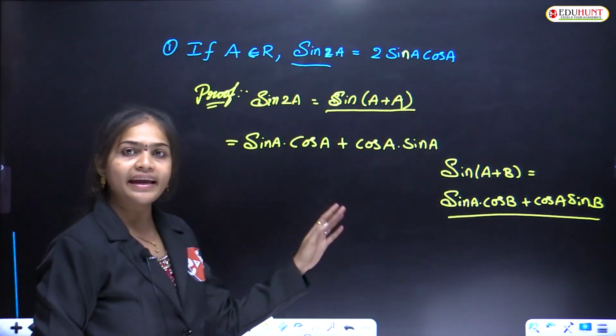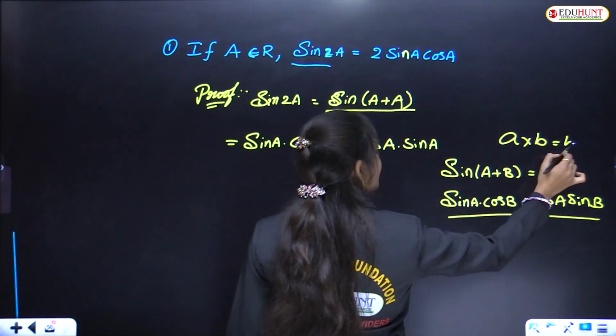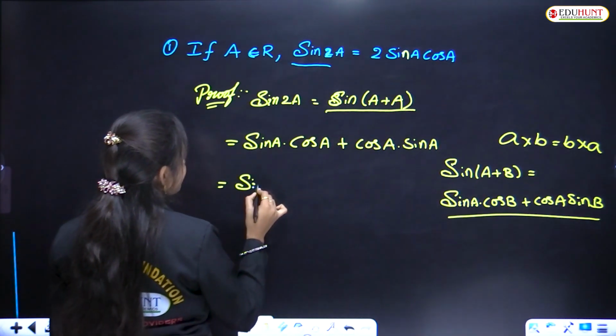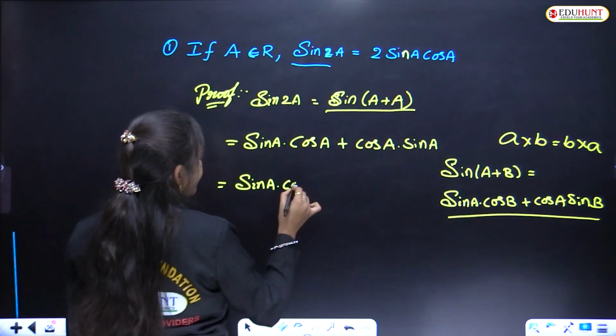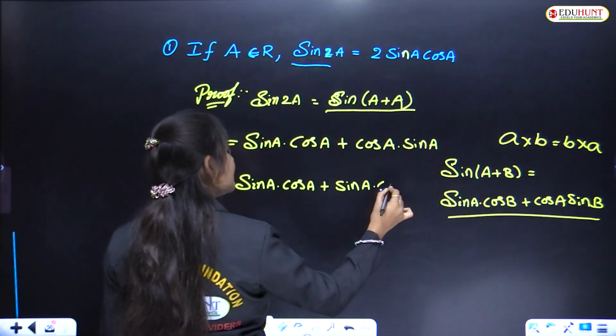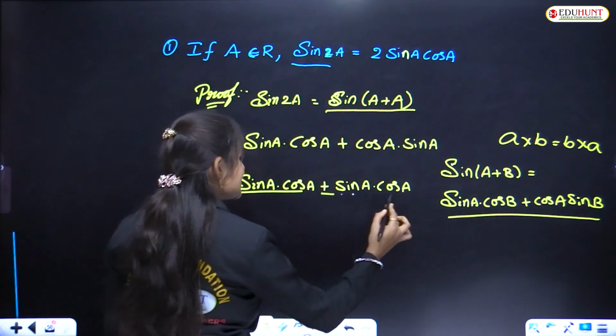So we can write A into B is equal to B into A also, no? So in this way, we can write this as sin A cos A plus sin A cos A. I changed the second term.